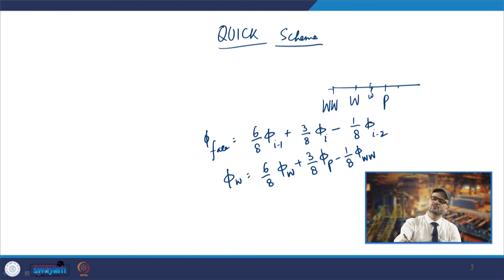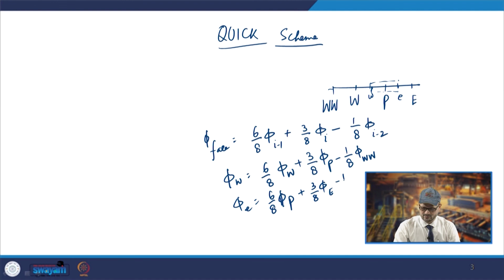Similarly, if you have the control volume at the east face, then you will have the values on this side also. So, on this side you have the east face, and for this you will have P, W, and E coming out. So, your phi E will be 6 by 8 of phi at P node plus 3 by 8 of phi at E node, and then minus 1 by 8 of phi at W node.